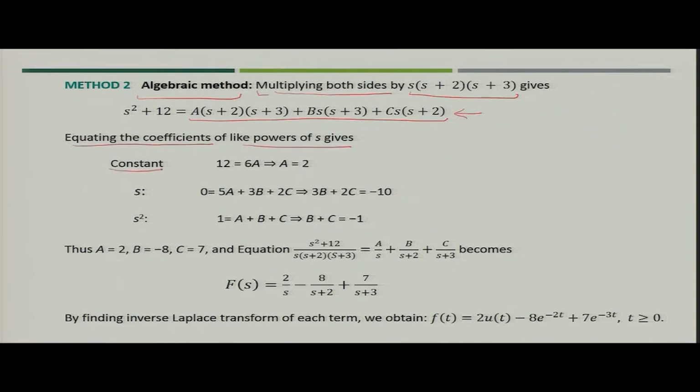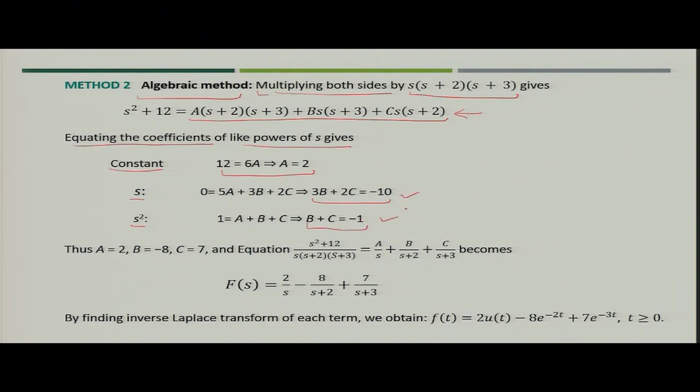So, for constant terms, if you equate only the constant terms, you will simply get the value of A, that is equal to 2. When you equate only the terms having s, you will get the equation 3B + 2C = -10, and when you equate the terms of s², you will get another equation, that is B + C = -1.